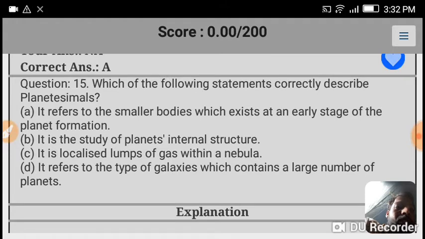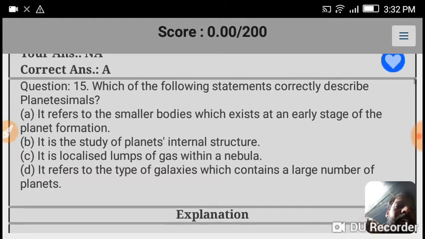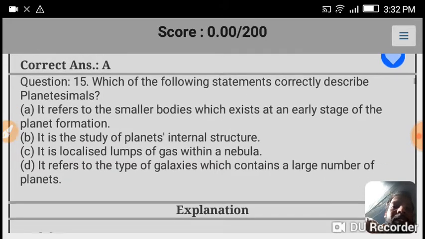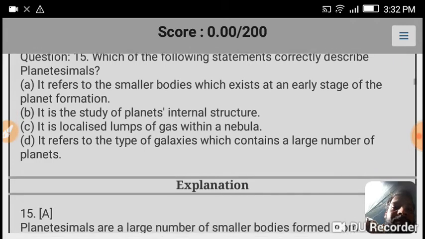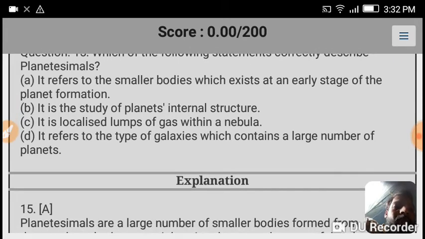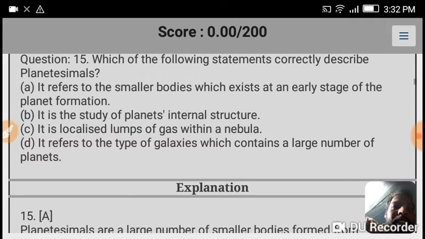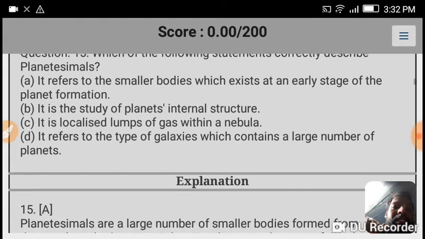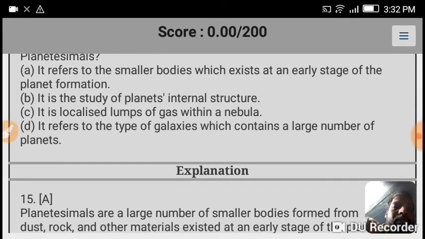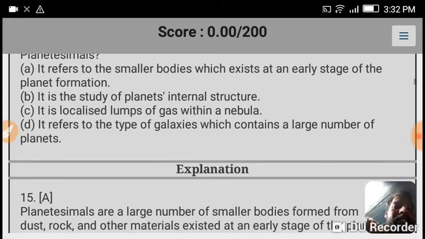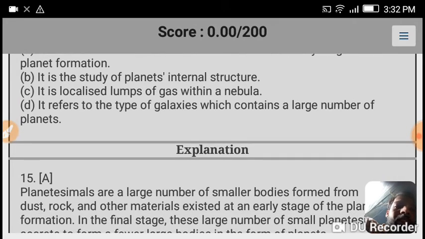The second option, a study of planets' internal structure, is not correct. Localized lumps of gas within a nebula, not correct. And the third, it refers to a type of galaxy, no. It contains a large number of planets, not correct.